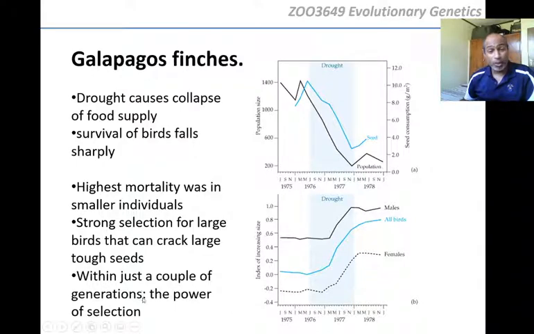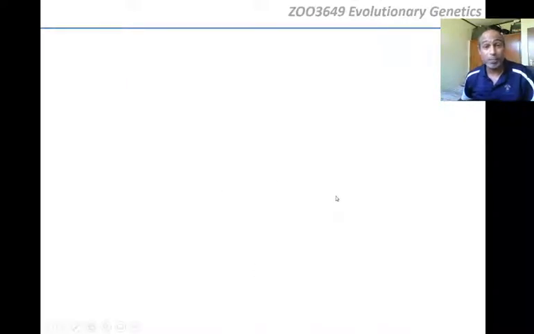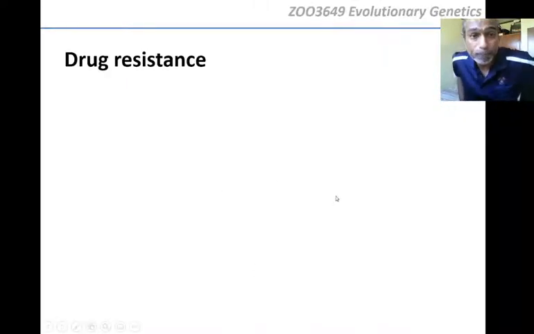Within a couple of generations, a year, the power of natural selection changed this population from having mainly small individuals to now having big individuals. The population evolved. The population became bigger. Okay, that's the power of natural selection.